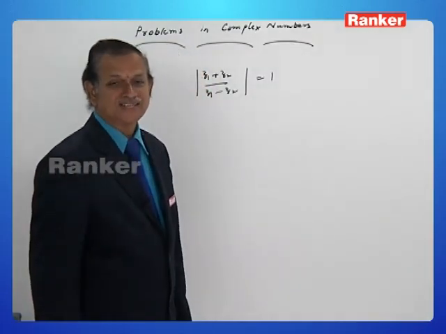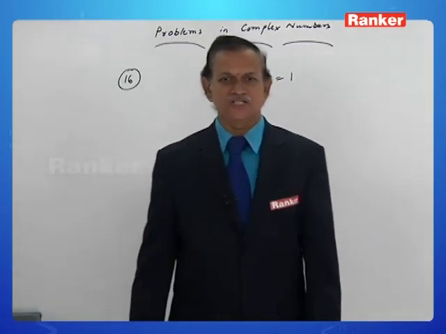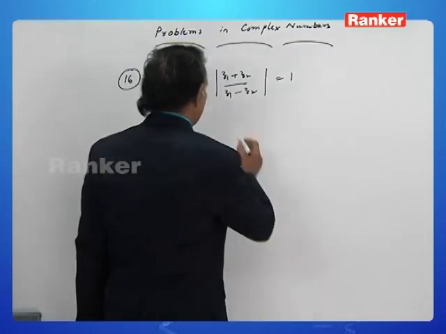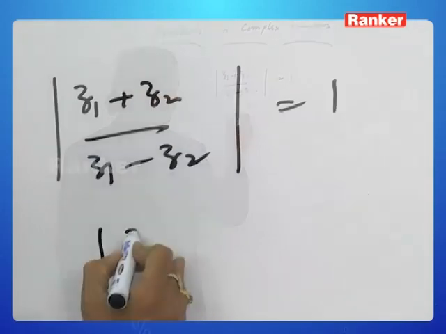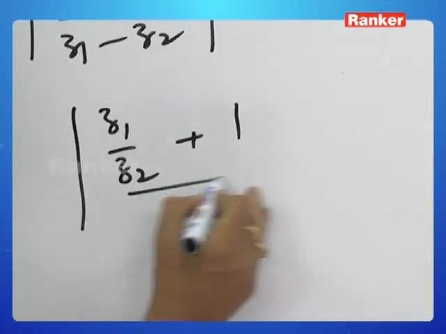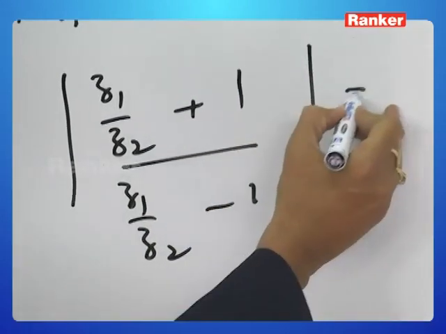We are assured that z2 is a non-zero complex number. Therefore, let me divide this internally with z2 so that it becomes mod of (z1 by z2 plus 1) by (z1 by z2 minus 1) is equal to 1.